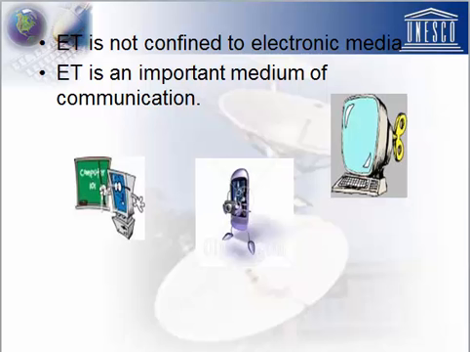Let us pause for some time here and reflect back upon what components we have explored today. We have seen what is instructional technology. We have looked at what is instruction and technology. We have seen what is communication and communication technology. We have seen what is information and information technology.